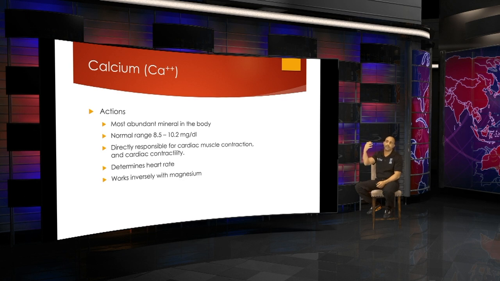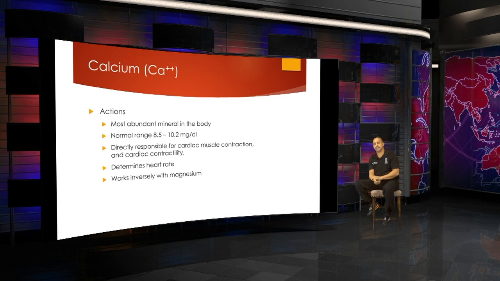So as we shift on to another electrolyte, this is called calcium. Calcium is abbreviated Ca with 2 positives, right? And what is its action? It's the abundant mineral in the body. And calcium is super, super important.